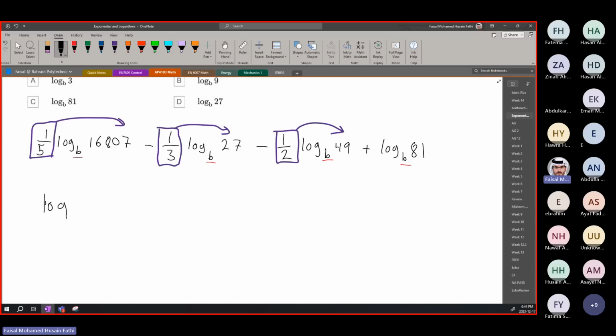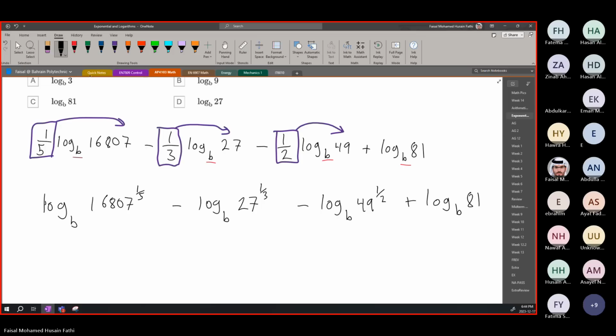So log B 16807 to the power of 1 over 5 minus log B 27 to the power of 1 over 3 minus log B 49 to the power of half plus log B 81.